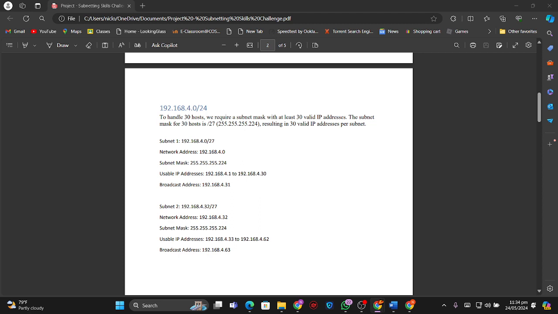With the network address being 192.168.4.0, the subnet mask being 255.255.255.224, and usable addresses ranging from 192.168.4.1 to 192.168.4.30. That gives us 30 usable addresses, and the broadcast address would be 31.